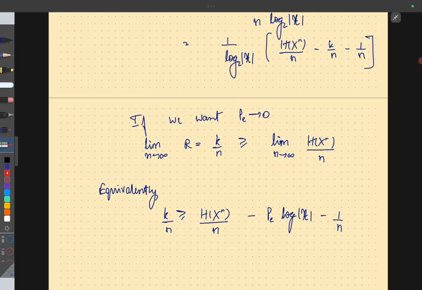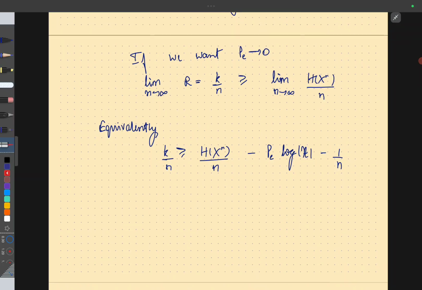Shouldn't it be like h of x, entropy of xl minus k should be little o of n? Correct.